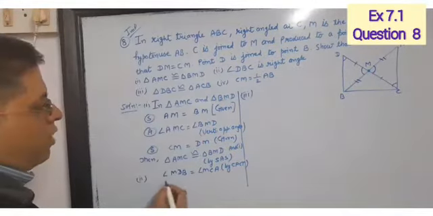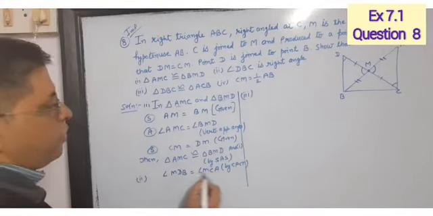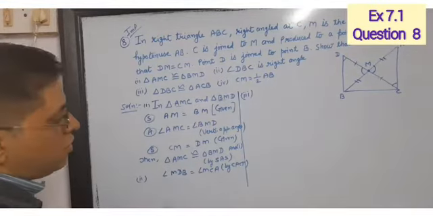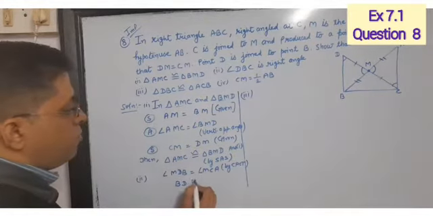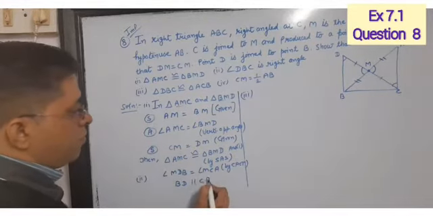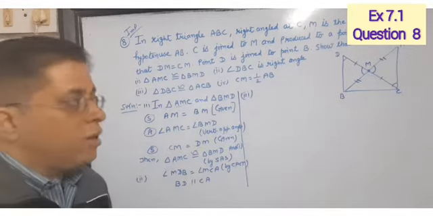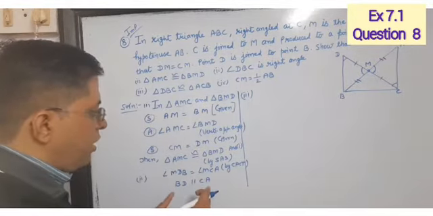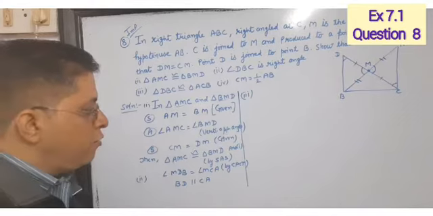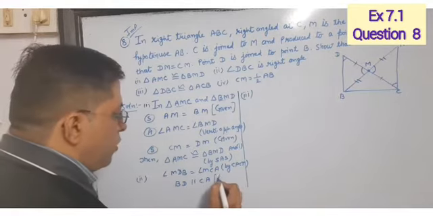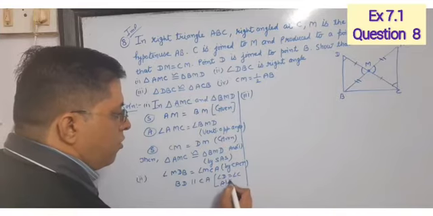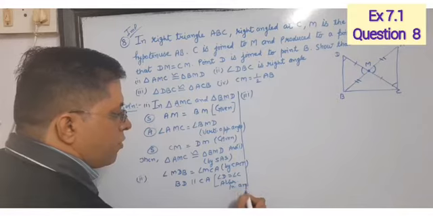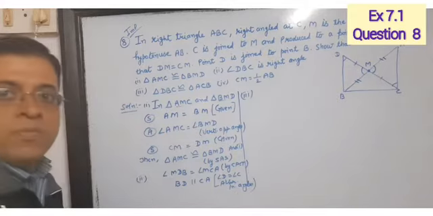So I can write here angle D equals angle C, then line BD is parallel to CA, because angle D equals angle C and these are alternate interior angles.